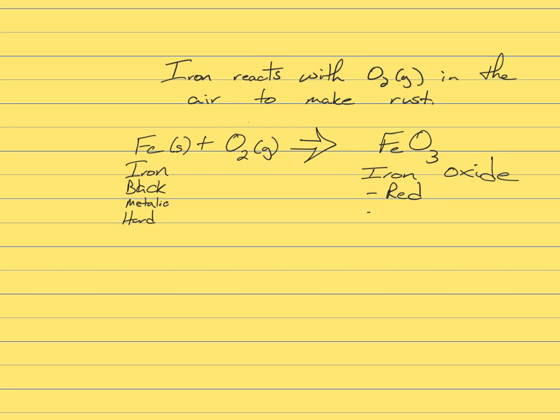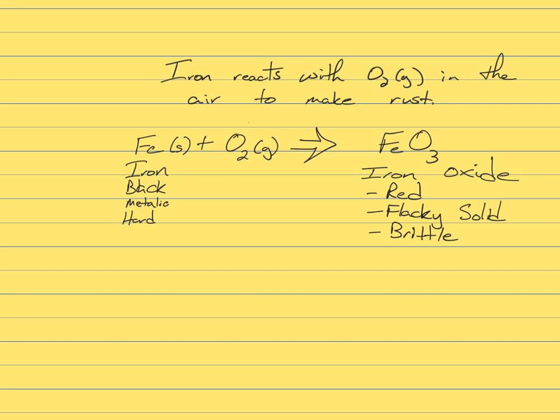It's flaky. It's actually soluble in water. It'll dissolve in water where the iron does not dissolve in water. The iron oxide does. So it's a solid, but it dissolves in water easily. It's water soluble. And it's brittle. It falls apart very easily, where iron is harder. Iron oxide is brittle, falls apart.